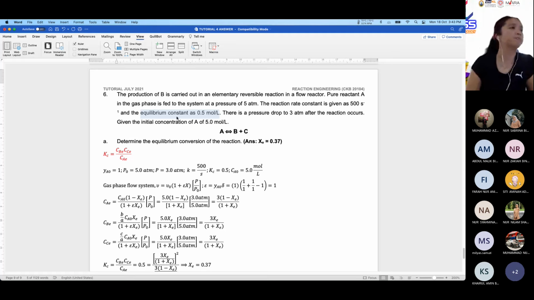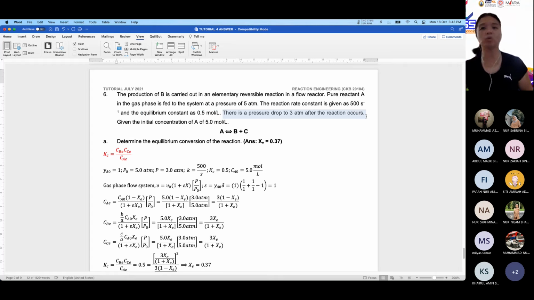Okay, so next dia kata, there is a pressure drop to 3 atm after the reaction occurs. Meaning, the pressure earlier on was 5 atm. Selepas tindak balas berlaku, pressure drop kepada, tekanan turun atau jatuh ke 3 atm, meaning P0 is 5, P is 3. Kamu perasan tak beza dengan ayat sebelumnya?